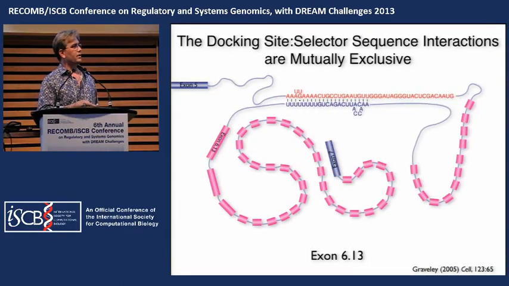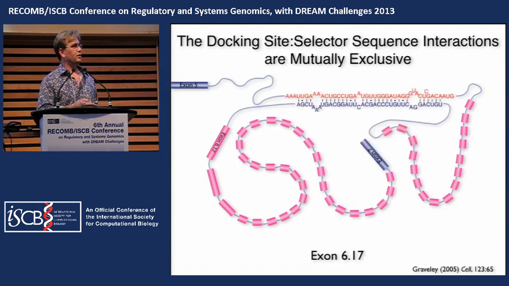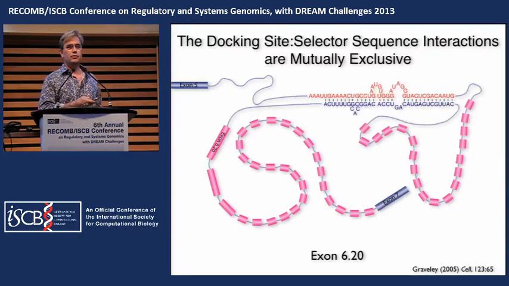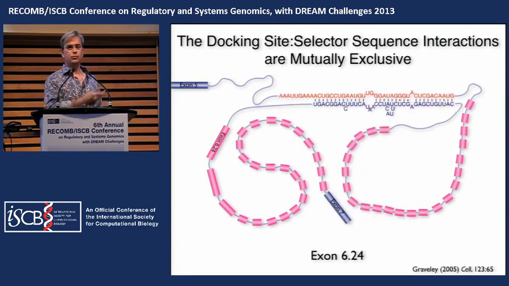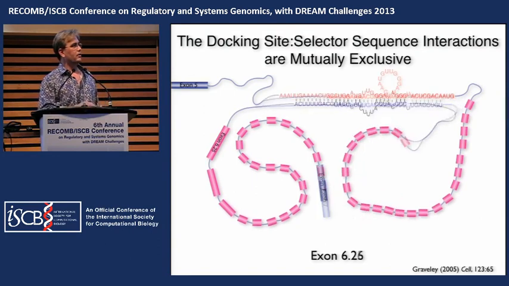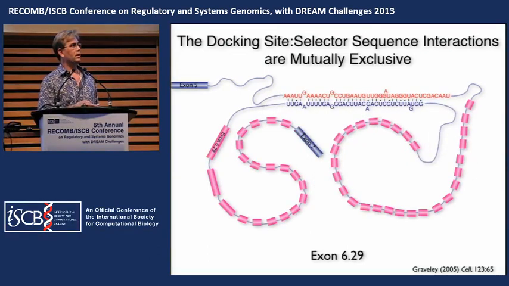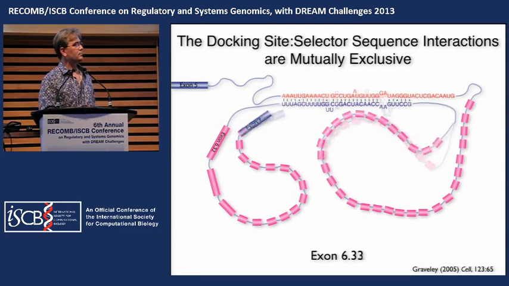One thing that supports this model is the fact that the docking site is almost invariant, which would be predicted because if you mutate any of these nucleotides, it would impact the binding of almost every selector sequence and screw the entire system up. Whereas the selector sequences themselves can be more variable because you can mutate one and it'll only impact the splicing of that one particular exon.